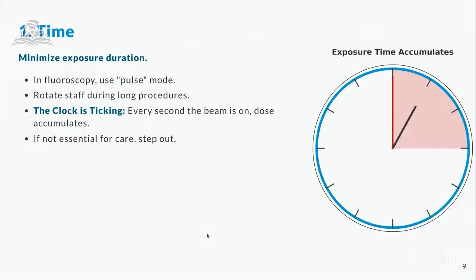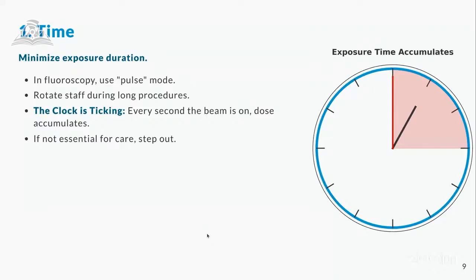Time, same idea. You minimize the exposure duration. In fluoroscopy, you use pulse mode, which is similar to how frame rate on screens works. You get a single image that appears every short period of time, like a millisecond.